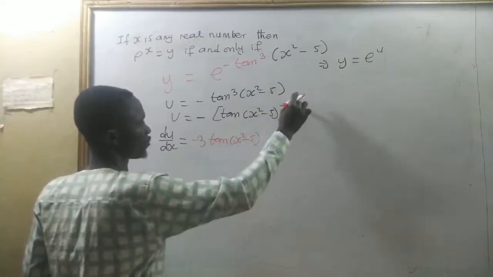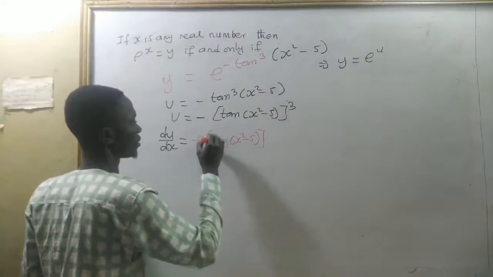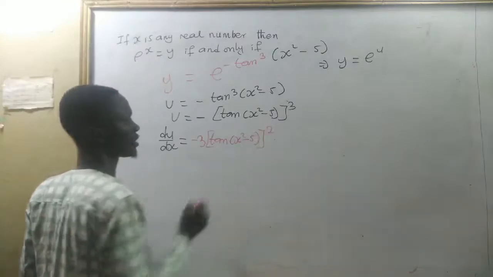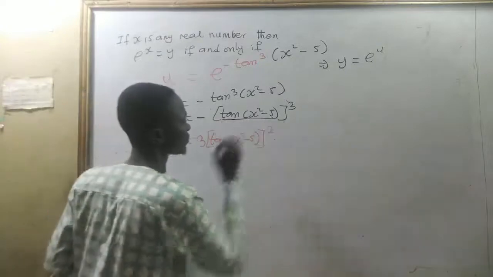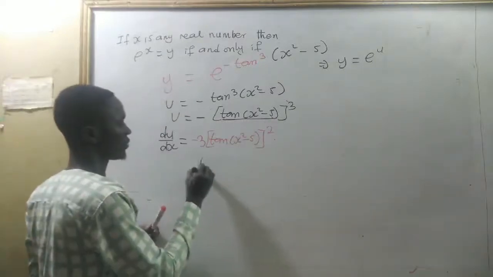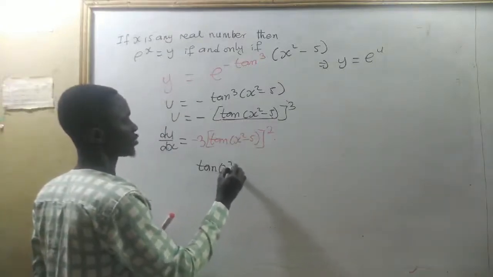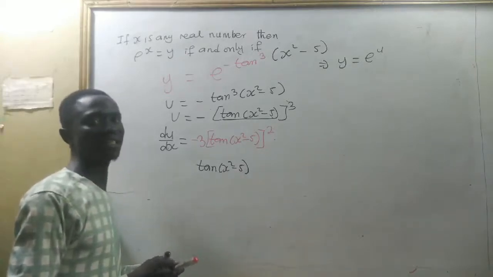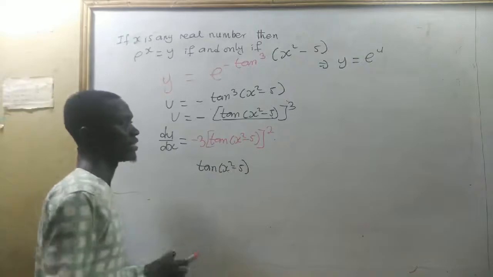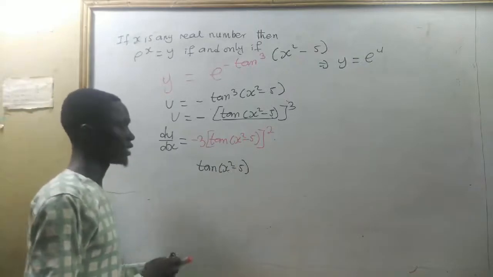Then you subtract 1 from that to get 2 times. Then you differentiate what is inside here. Now we are going to have tan x squared minus 5. Check the description for the derivative of trigonometric functions. You get to understand this, or you can request for that at the comment section.